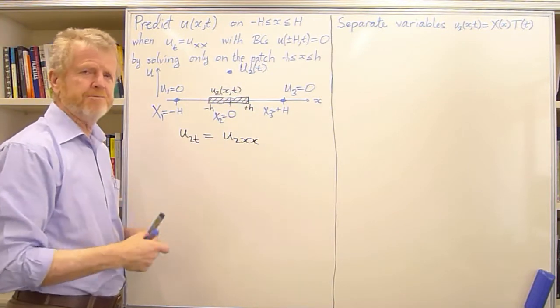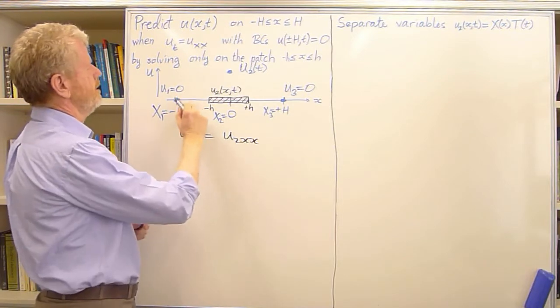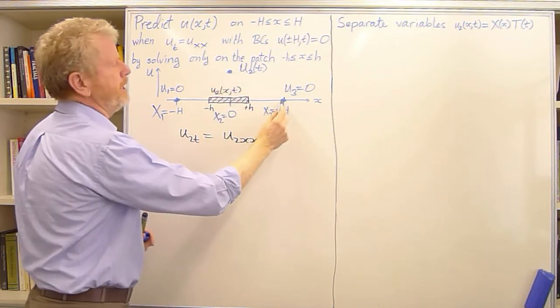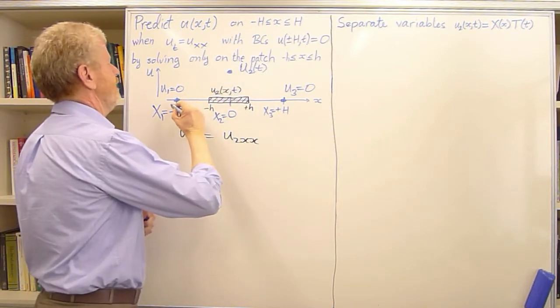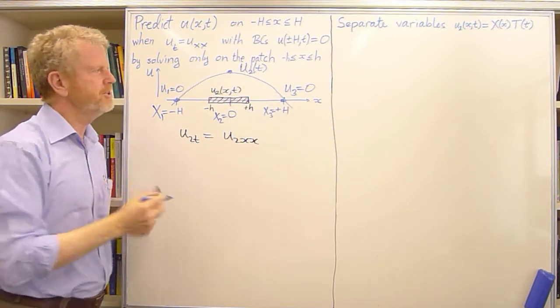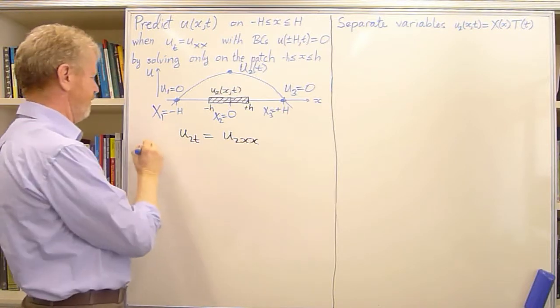The answer is they come from interpolating the large-scale solution. So our large-scale solution goes from 0 to U2, whatever that is, back down to 0 again, and the classic prediction when you know those three things is you fit a parabola.